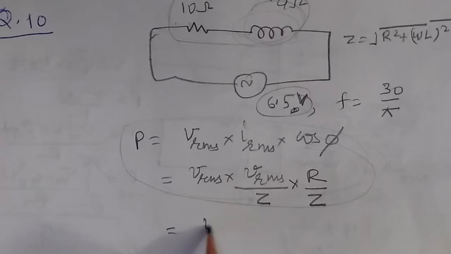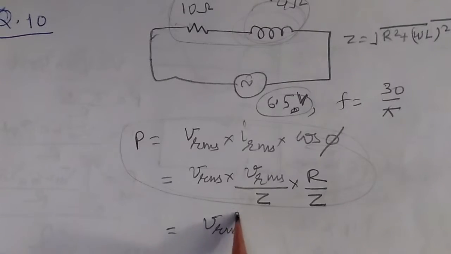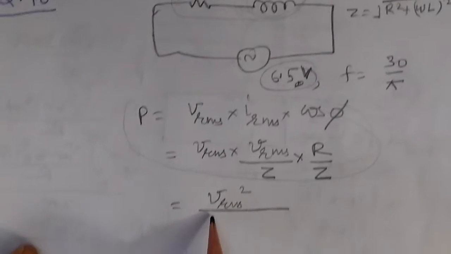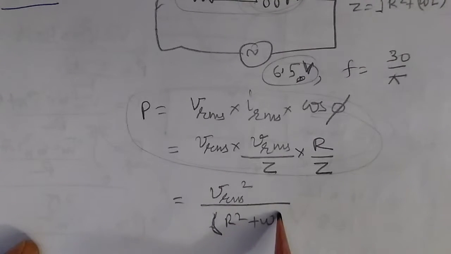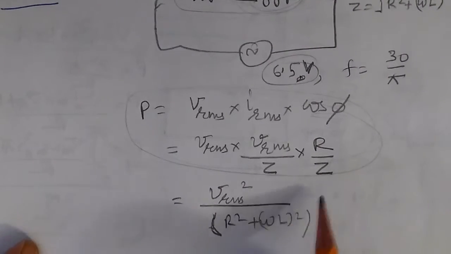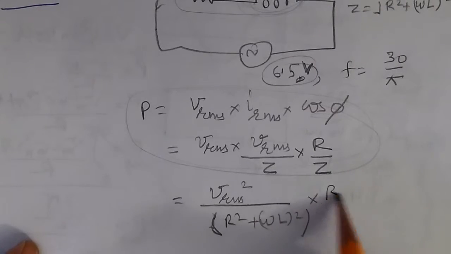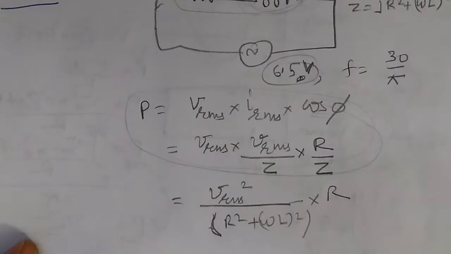Now we can write it as V RMS square divided by square root of R square plus omega L whole square, multiplied by R. Now let us take a look at this.